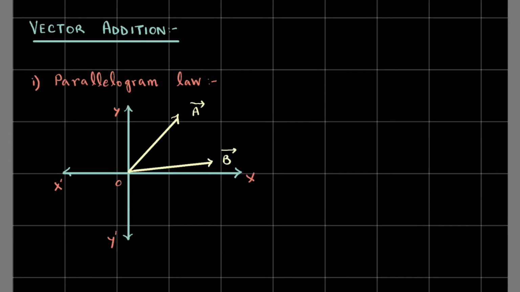Okay, the b vector. Now you will notice, since we denote the vector as an arrow, we can segregate it into a tail. This part is known as the tail and this part is known as the head. And if you'll notice here, the tails of the two vectors are joined together.